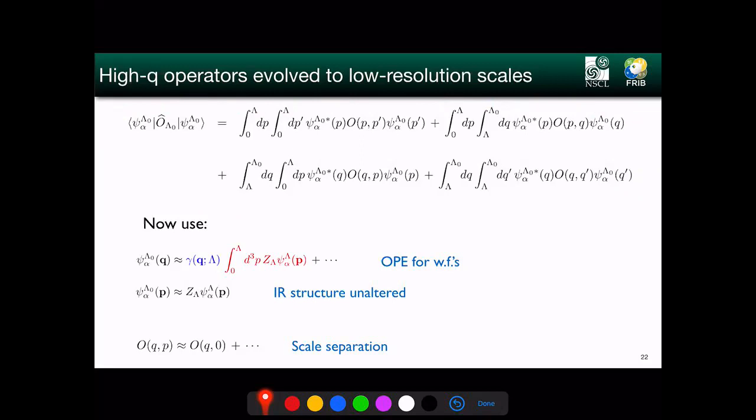And so now we simply make use of the things that I showed on the previous two slides. We make use of this leading order factorization formula. So you're basically doing an OPE for the wave functions. We use that the IR structure is unaltered under the RG. And then we make use of scale separation. So Q generically denotes a hard momentum, P generically denotes a soft momentum.